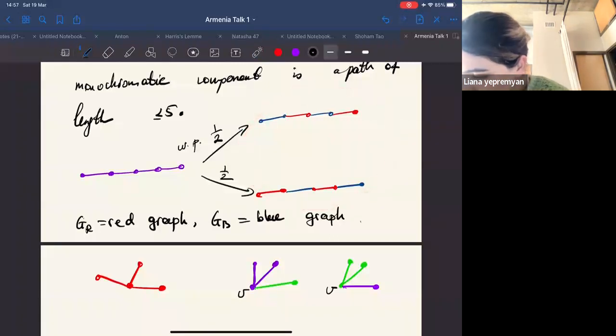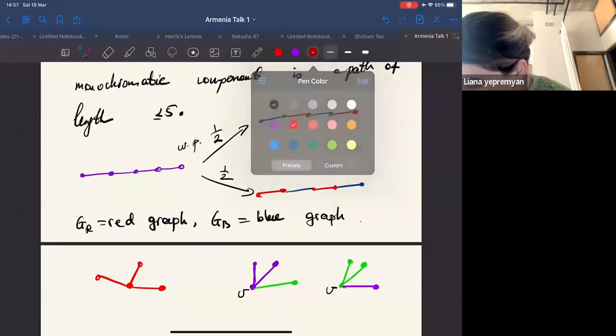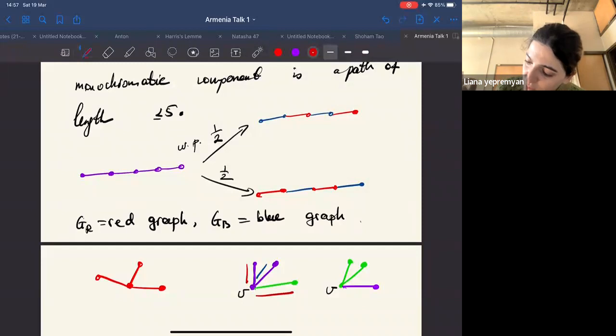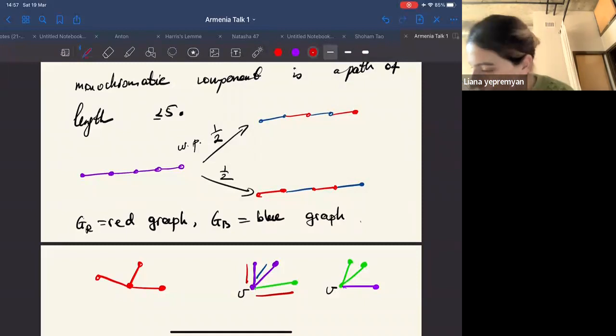So if I color it with this procedure, what am I going to see? At least 2 edges of distinct colors, because let's assume this purple path got colored red and blue. I don't actually care about the order. And maybe this green one is red, or maybe it's blue, but no matter what, the vertex V does not have blue degree 3 or red degree 3. It's the same in the other direction: this green path is going to be either red blue or blue red, I don't care about the order at the moment.